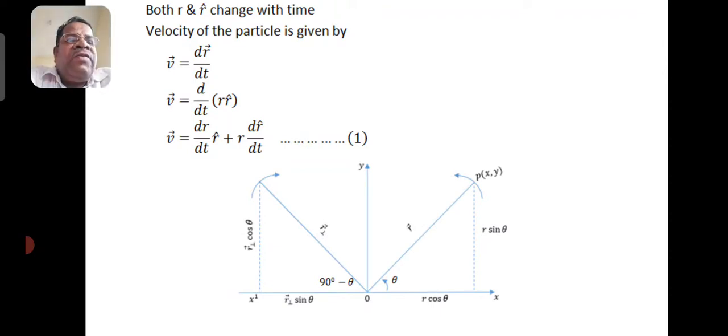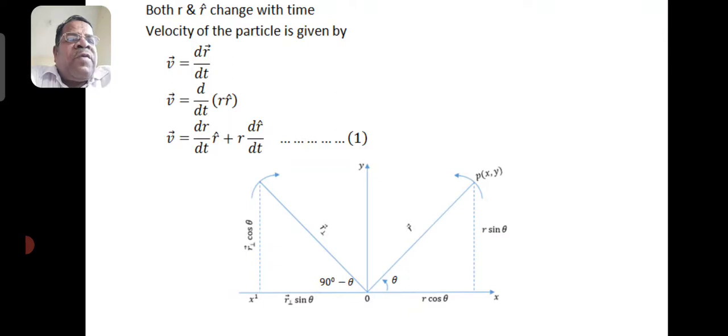Now we have to consider the perpendicular vector which is perpendicular to the unit vector r cap, that is r perpendicular.